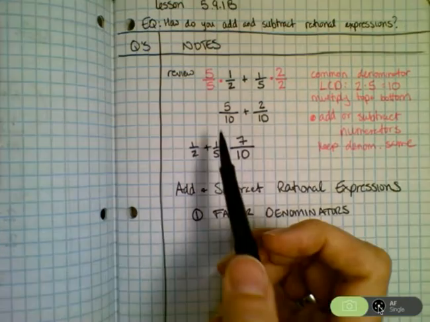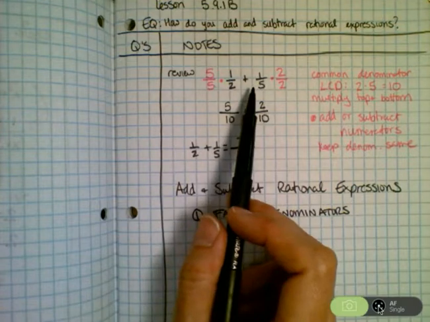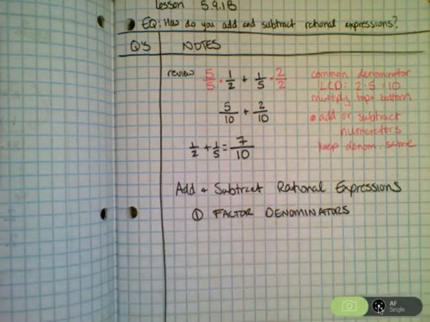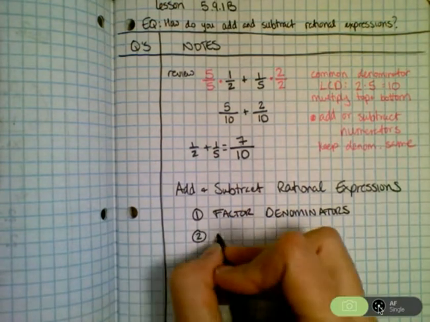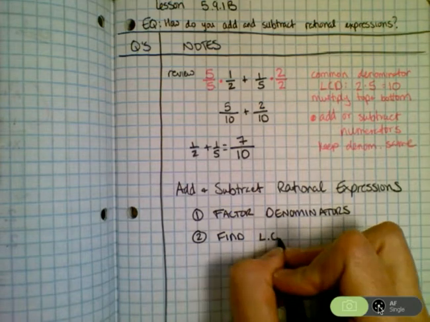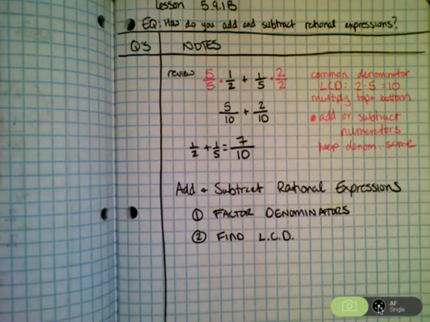And that's our first step in looking for that common denominator. If these numbers had had factors of the same thing, then we would want to know that. Once we factor the denominators, we find the LCD, or the least common denominator. And if you don't remember how to find the least common denominator, just go back to the video before this and you'll find all the information you want there about that.